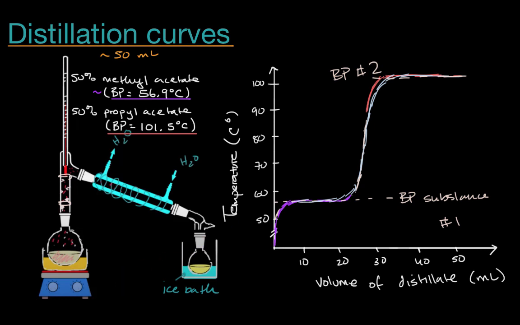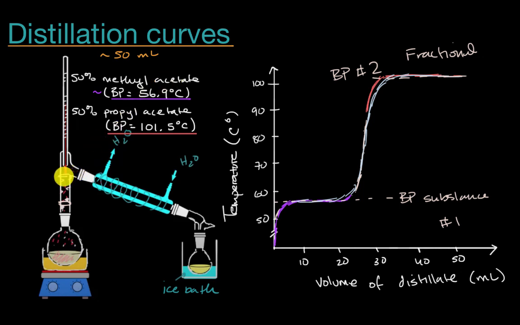So some of y'all might be thinking, this is all good and well for fractional distillation, but what would a simple distillation curve actually look like? Well, remember, in simple distillation, you don't have multiple cycles of condensation and revaporization, which is equivalent to multiple cycles of simple distillation. So when you're hot enough for the vapors to get up here, it's going to be less pure methyl acetate.